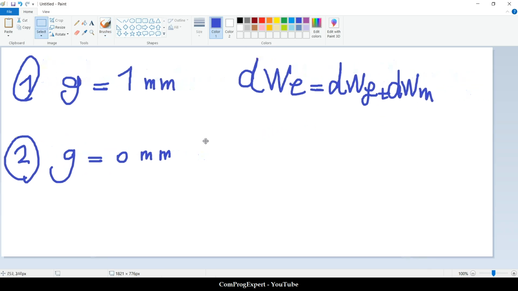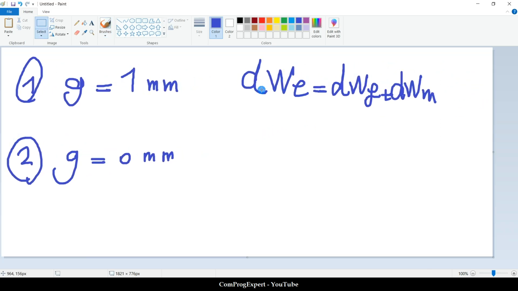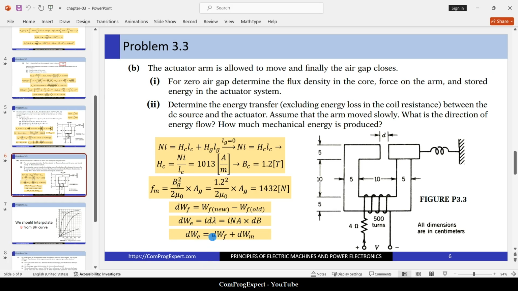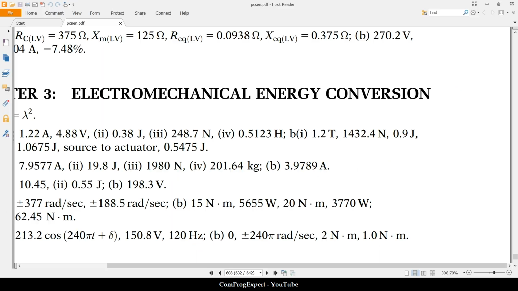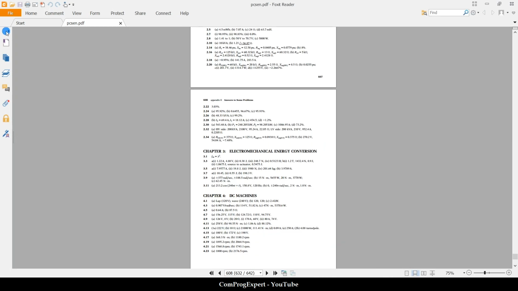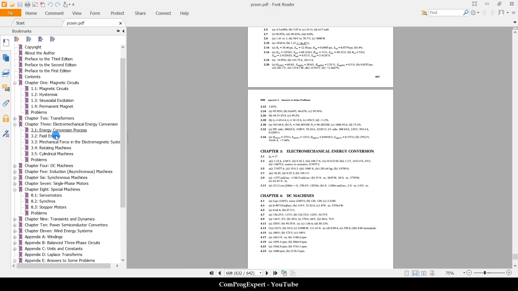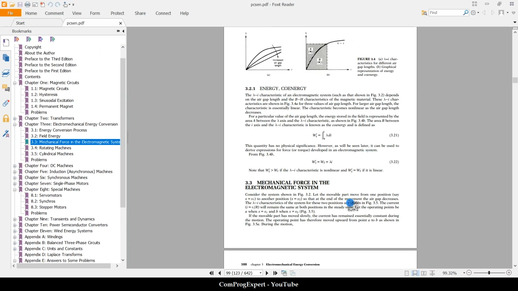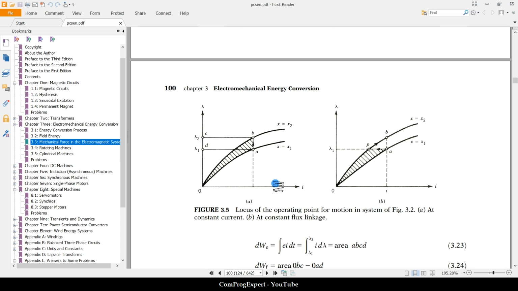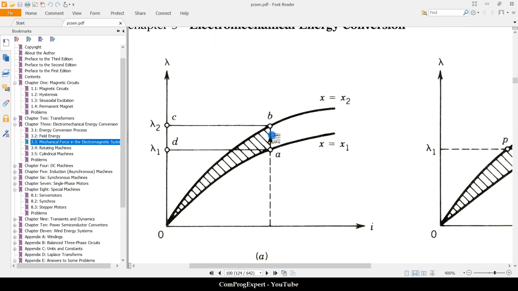So what is the value of the dWe in this case? dWe is I d lambda. This is the case when the movement occurs very slowly and the current remains constant.